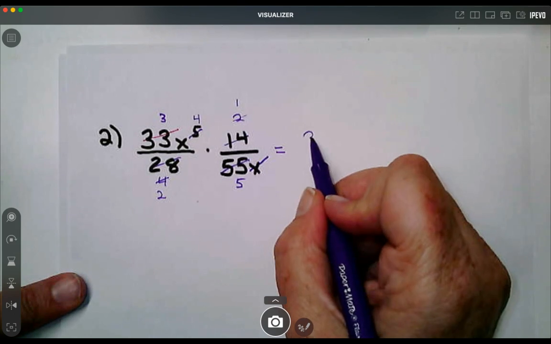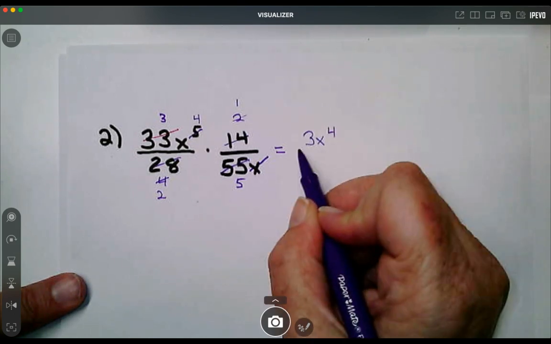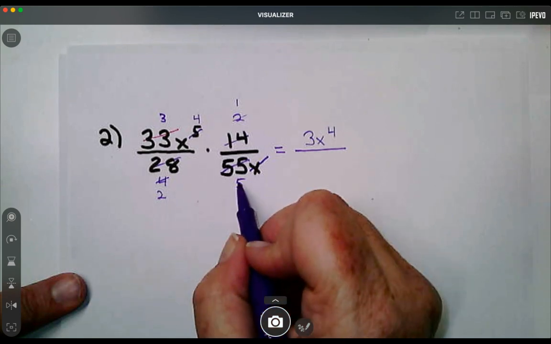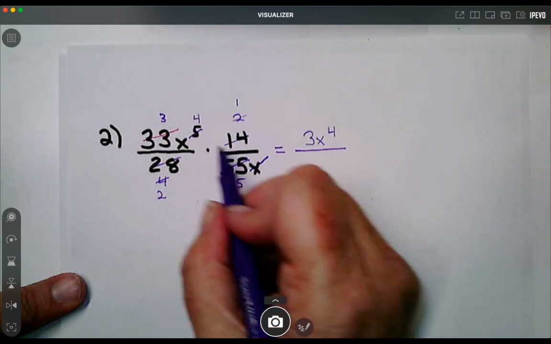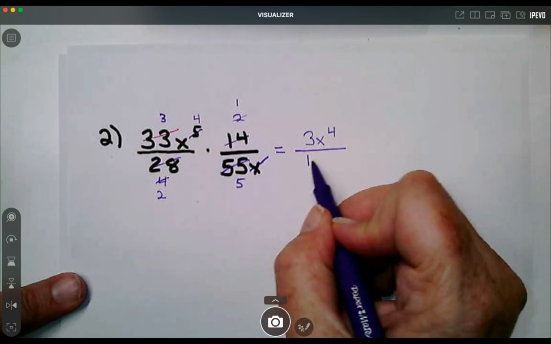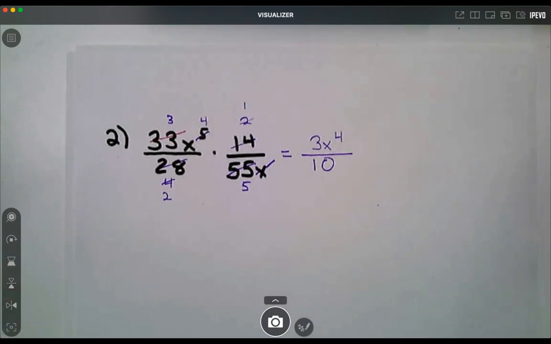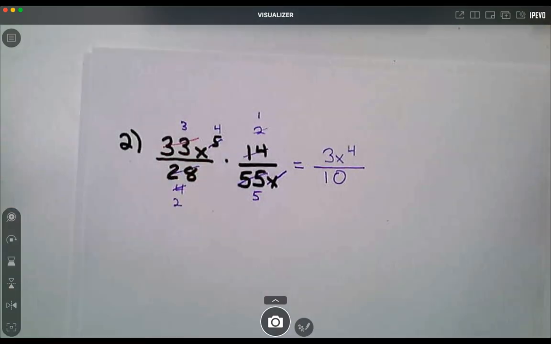That's great. So it's just 3x to the power of 4. Over here, I have 2 times 5, and this x was canceled out. So that gets me 10. That's it. Let's go on to number 3.